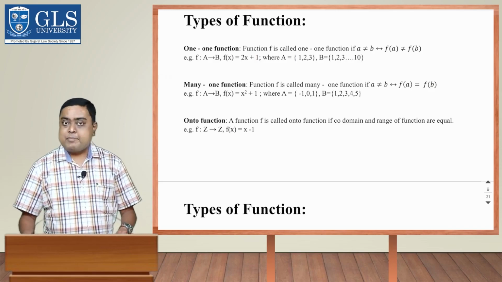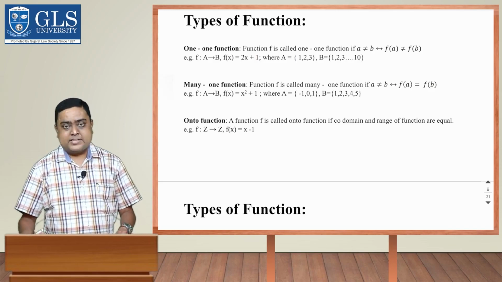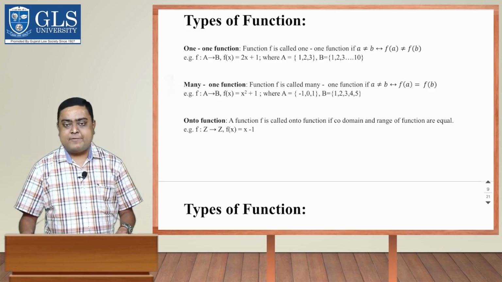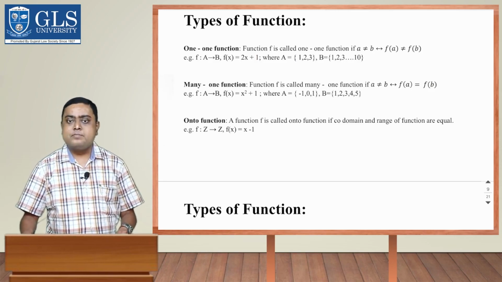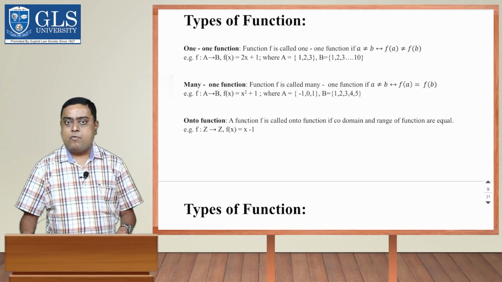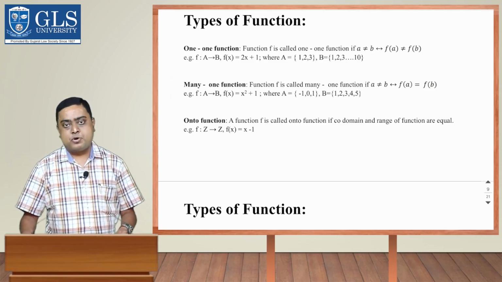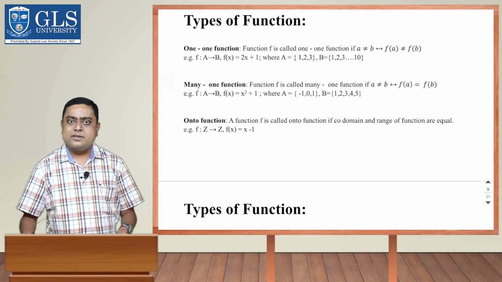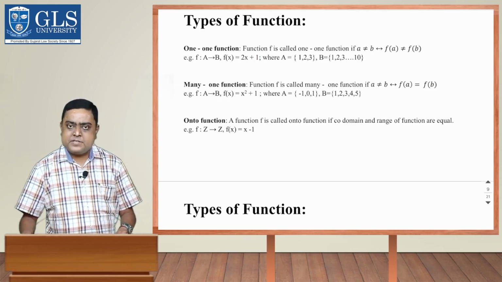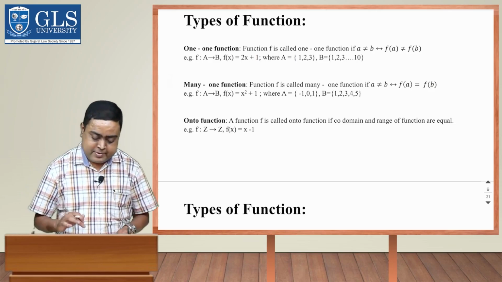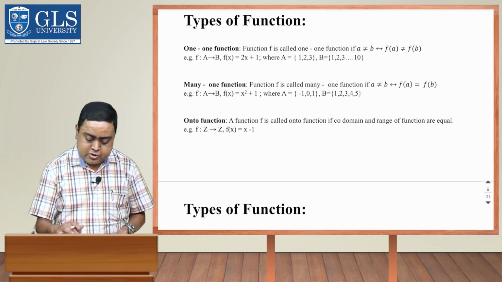Friends, here I am giving the example. You can see f from A to B, f(x) is equal to 2x plus 1. The set A has the elements 1, 2, 3 and the set B has the elements 1, 2, 3 up to 10. Now let's see, why do we say this f is a one-one function?